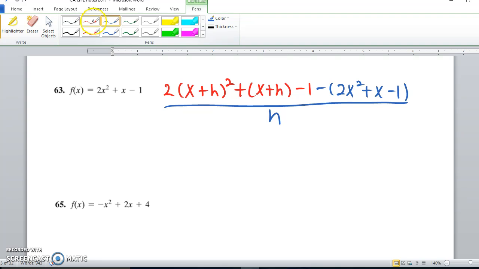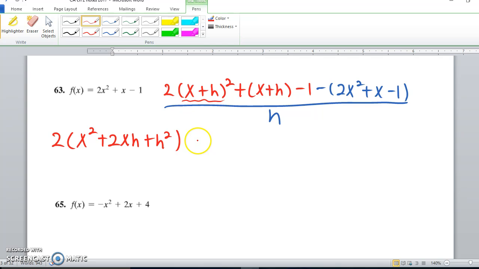So let's start with this. We want to go ahead and square this. So we're going to have 2, and you want to keep that outside the parentheses. So when you square it, you get x squared plus 2xh, and then plus h squared.